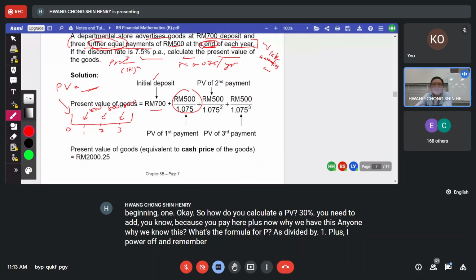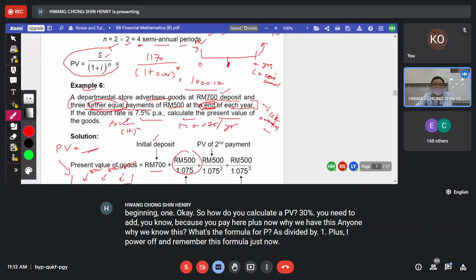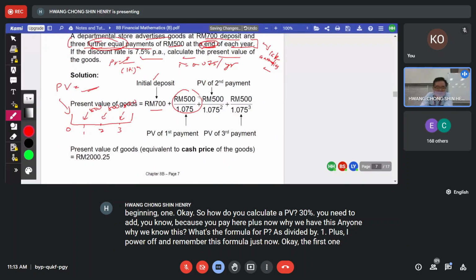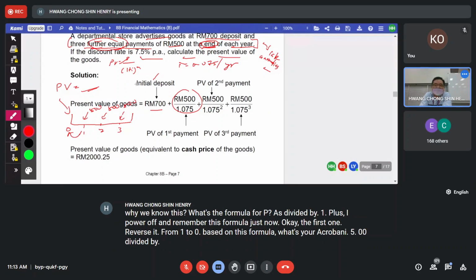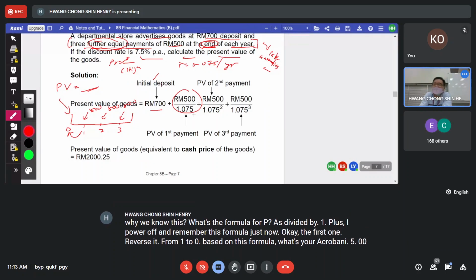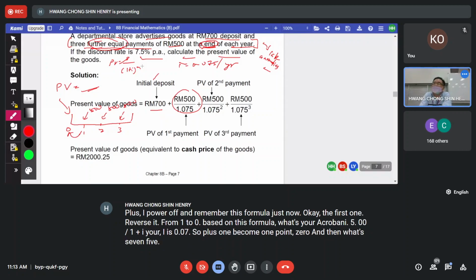Remember this formula just now? Okay, the first one, reverse it from 1 to 0. Based on this formula, what's your accrued money? 500 divided by 1 plus I, your I is 0.075, so your 1 plus becomes 1.075. And then what's your n here?